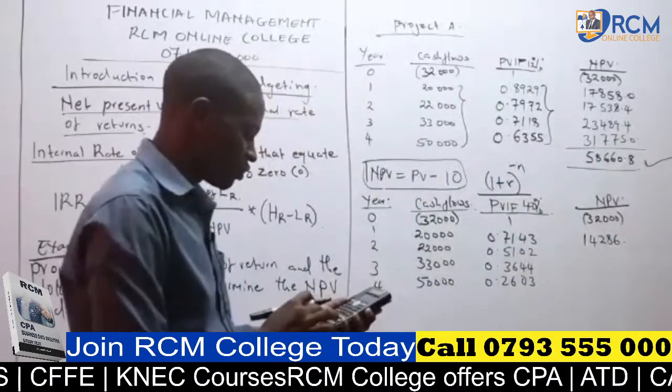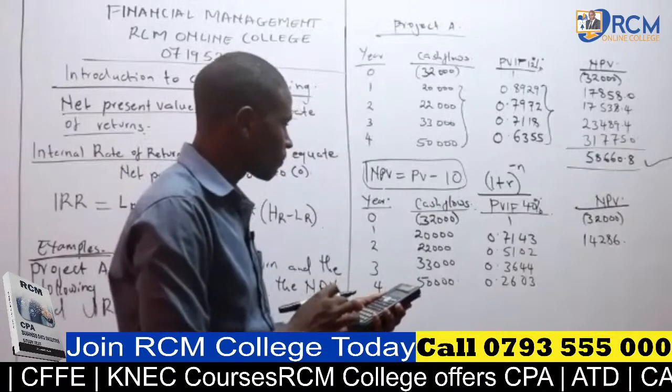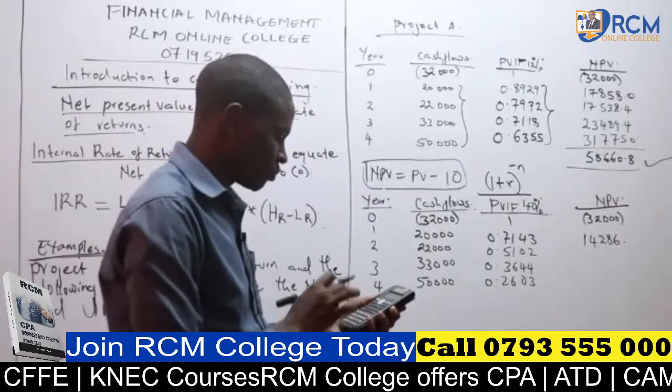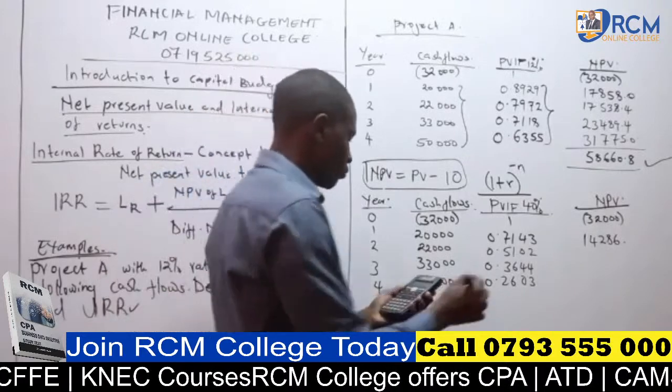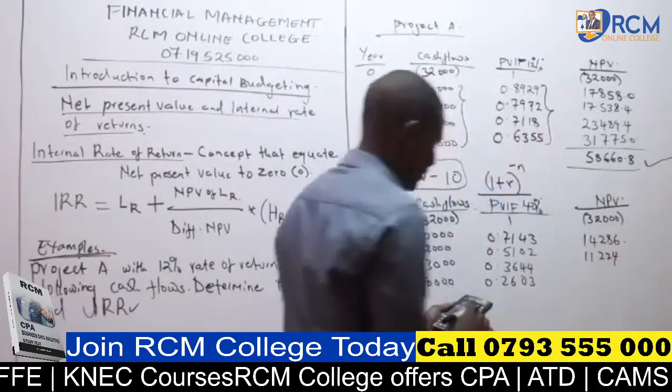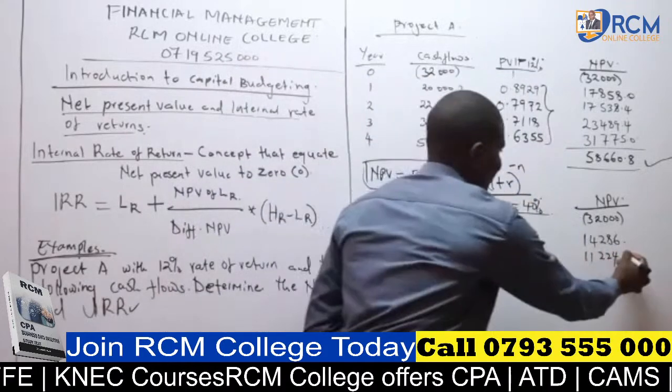14,286. Then 22,000 times 0.5102 is 11,224.4.